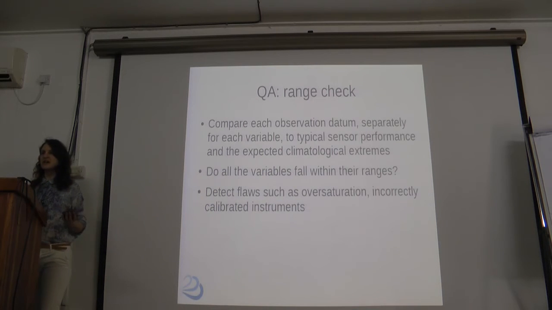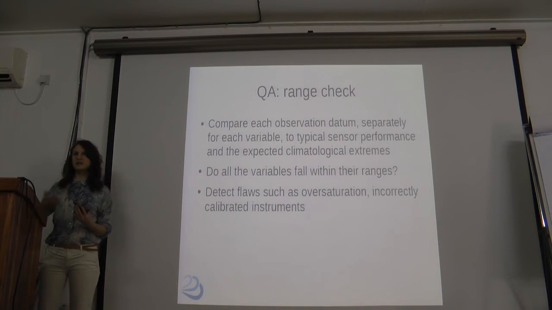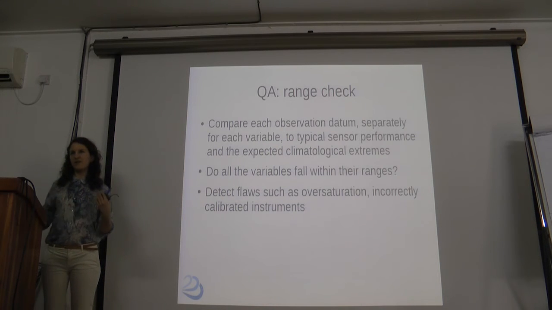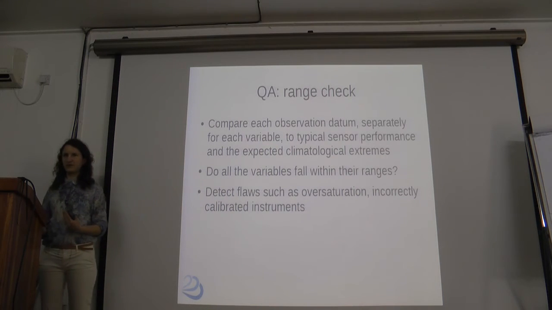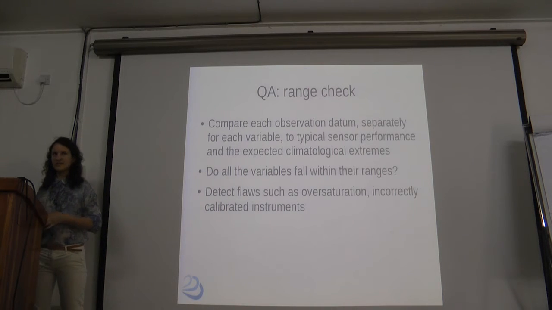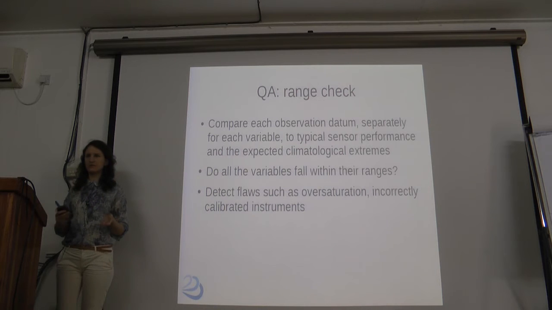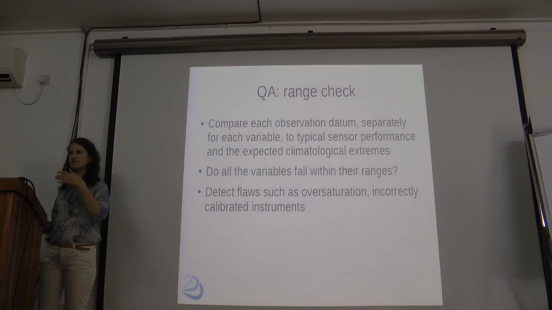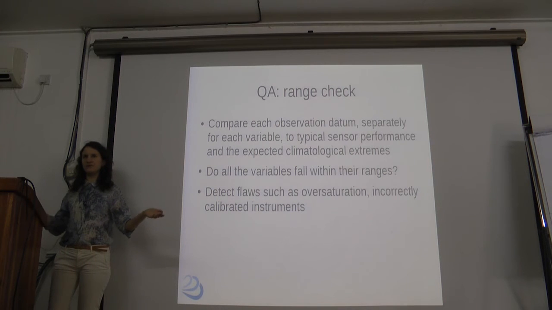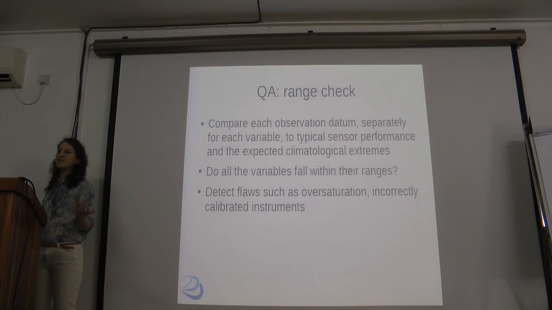The range check compares each datum that you have with the typical value range that you would expect for your value. So it checks, as I said, that you don't have oversaturation, or wind below 0, or a temperature of 500 degrees.